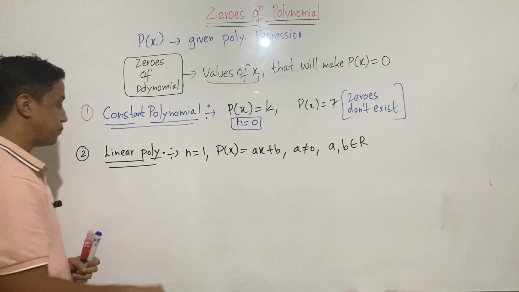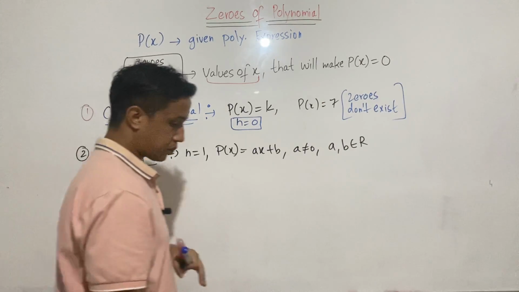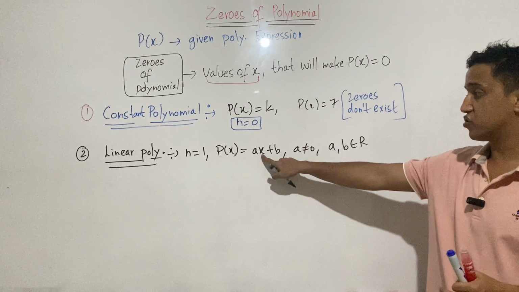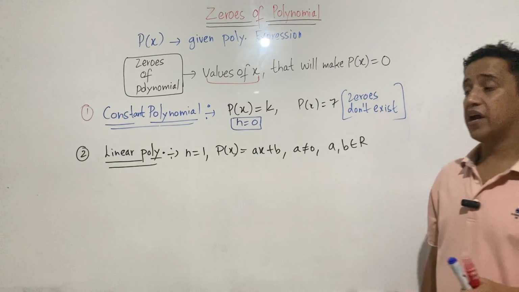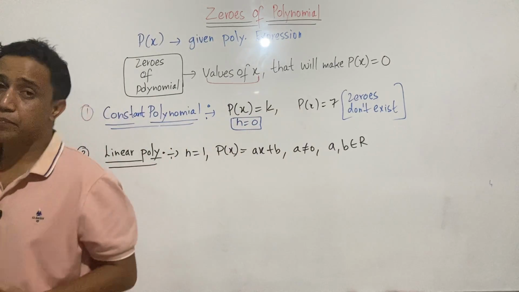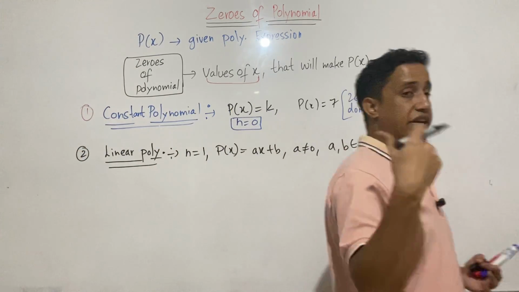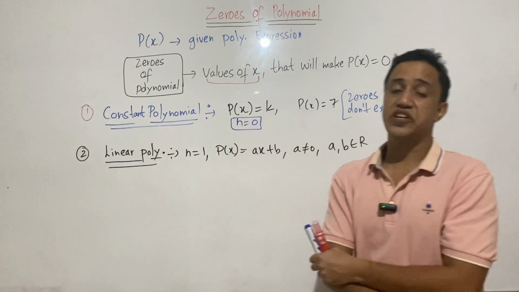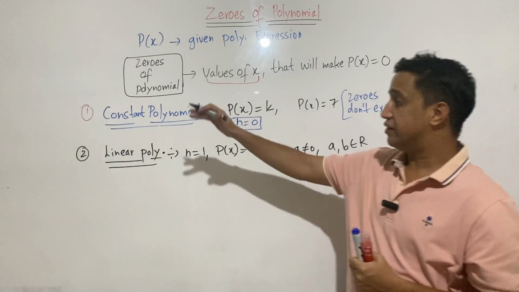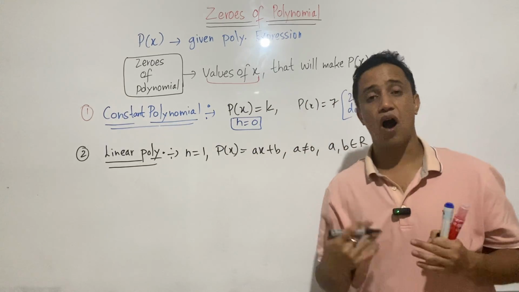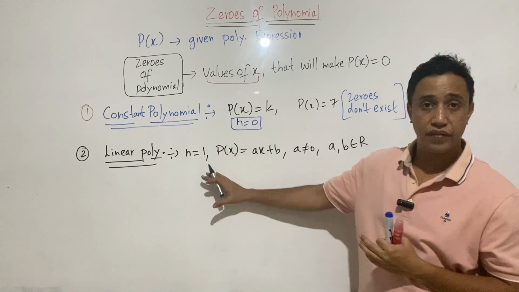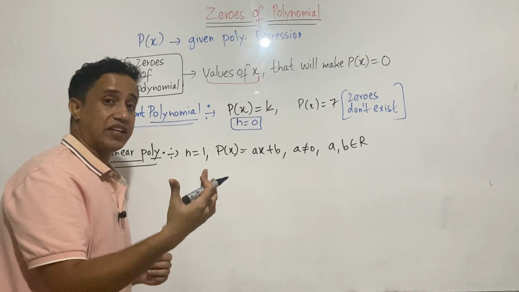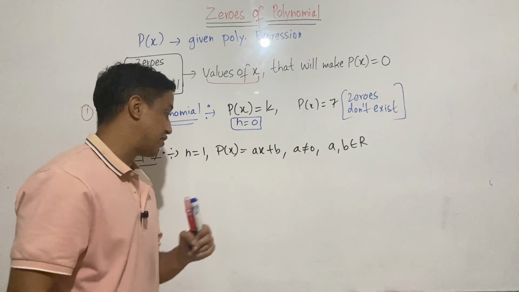As you can see here, this is a degree 1 polynomial because the degree of x is 1. In a linear polynomial, we are going to get one zero. We'll find out the zero for this linear polynomial.